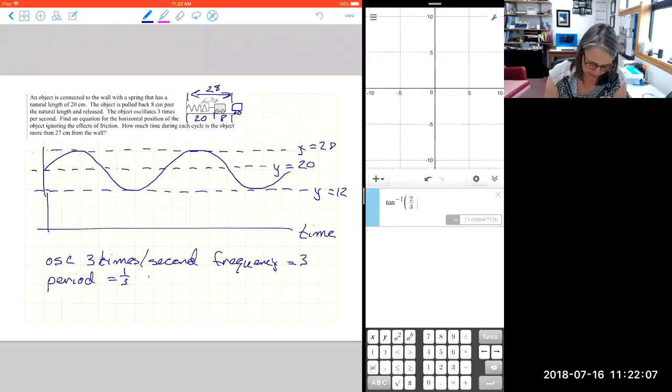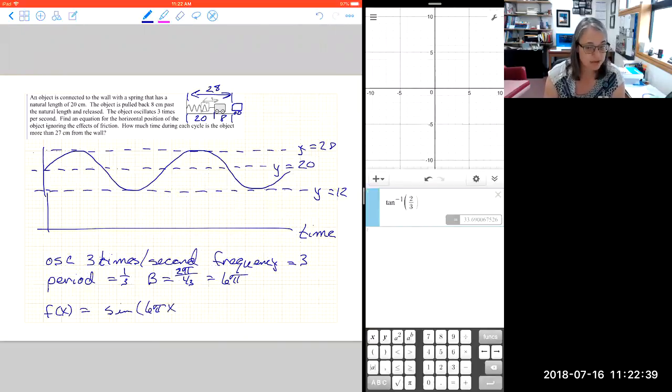So that means my internal multiplier. If I look at my function here, I've got a sine function because it starts at the origin and goes up. I need an internal multiplier, and that internal multiplier is the natural period divided by the observed period, or 6 pi.